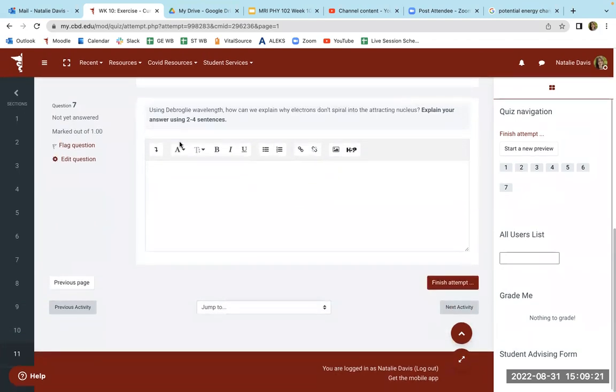And question 7, using the de Broglie wavelength, how can we explain why electrons don't spiral into the attracting nucleus? Okay, this one's been tough to understand. According to classical physics, electrons would be constantly emitting light, continuous, right?